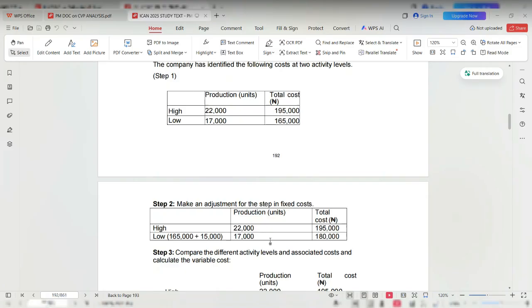For low, we have 17,000, 165,000. All right. So with the question, what we have here now, we can either say that we want to add to the lowest, or we subtract from the highest.